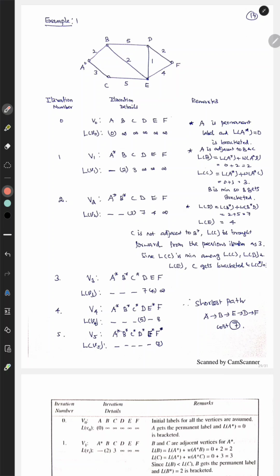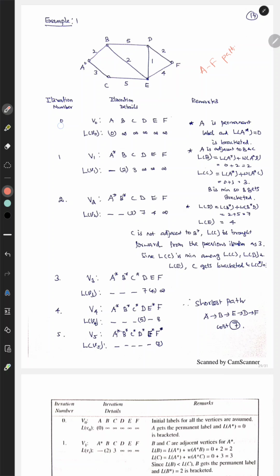Now you want to find the shortest path from, say, A to F. Among the A to F paths, you want the one with the shortest length or weight. Applying Dijkstra's algorithm, we can find it. This algorithm is an iterative procedure.